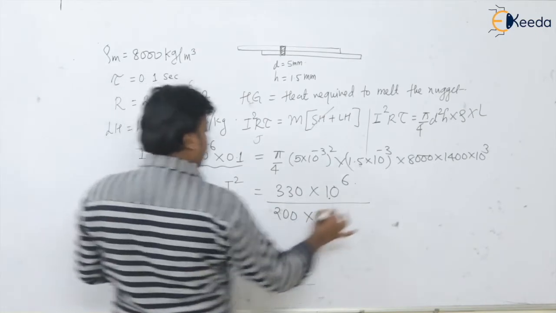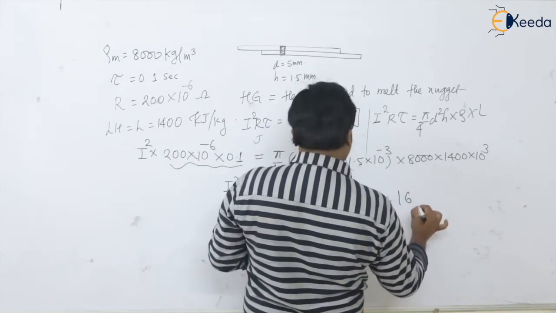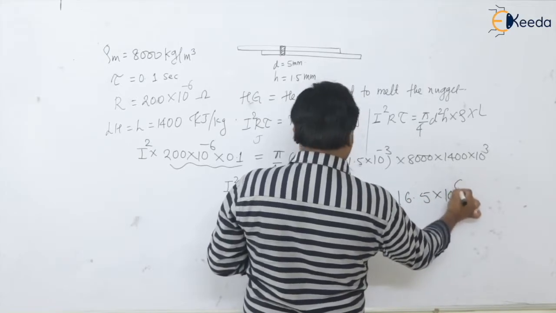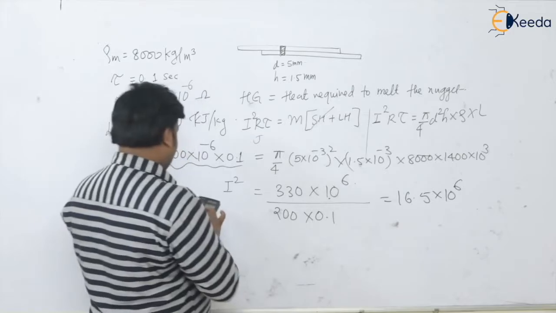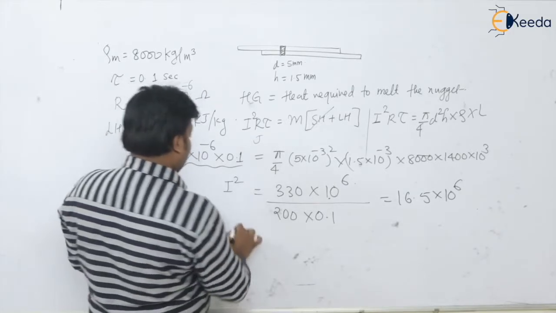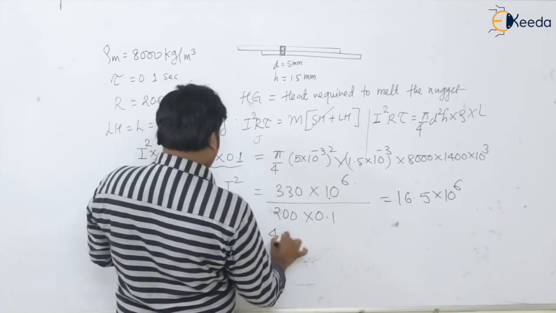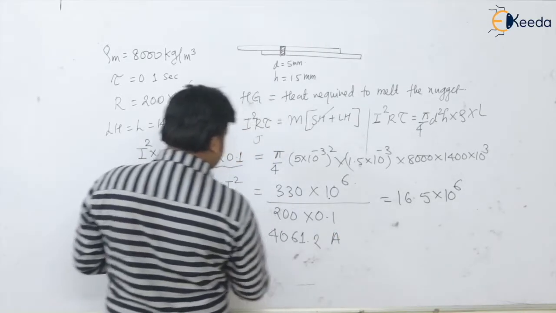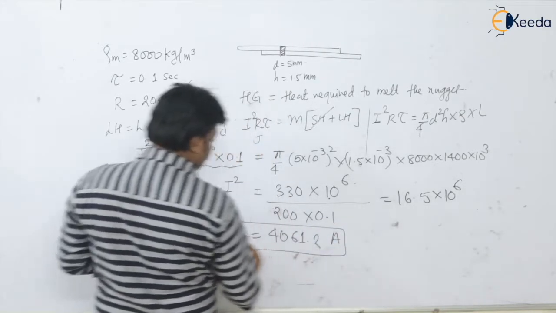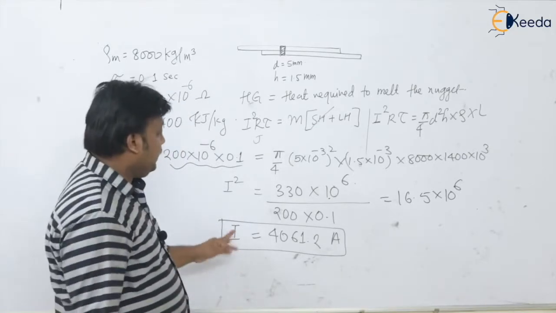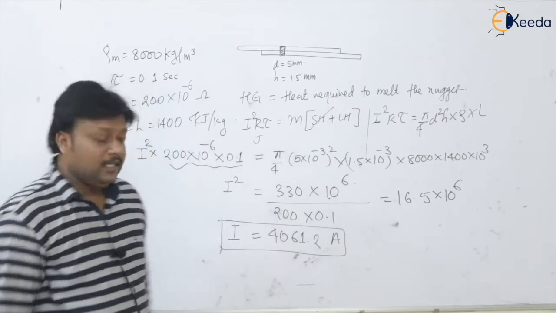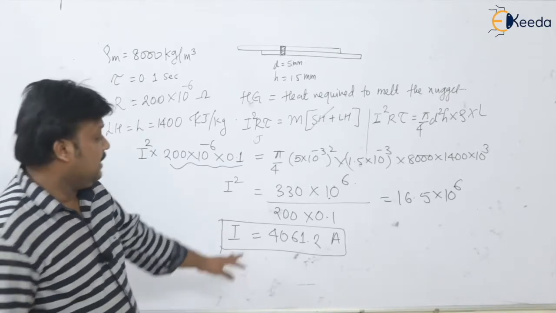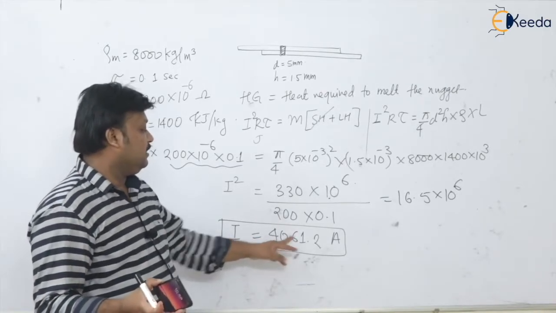So I square we are getting as 16.5 into 10 to the power 6. So take the root of this. So I will be 4061.2 amperes. Please check, children, check whether you are getting this or not. 4061, nearly 4000, 4061 ampere.